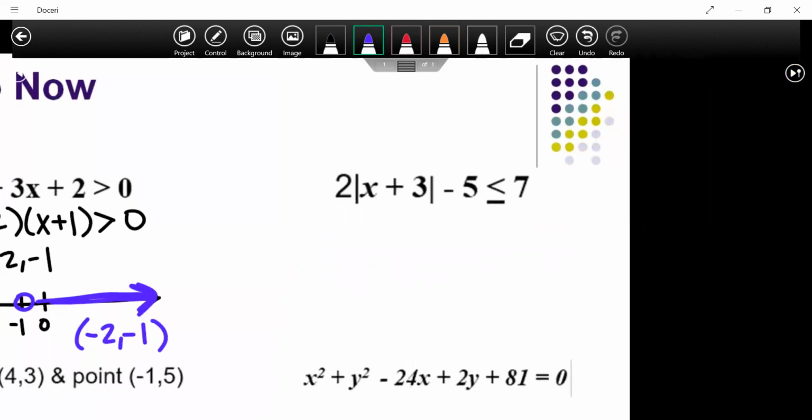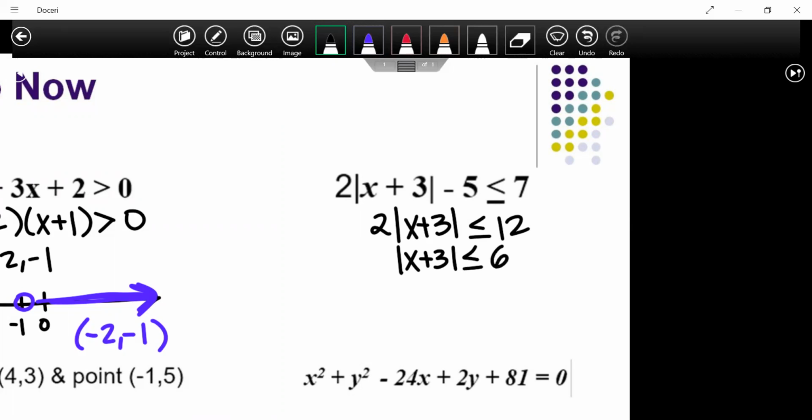The one to the right, we want to solve that out, thinking of the absolute value as parentheses. So when we get to the absolute value, we have to change it. I'm going to add 5 to both sides, which gives me 12. Dividing both sides by 2 gives me 6.